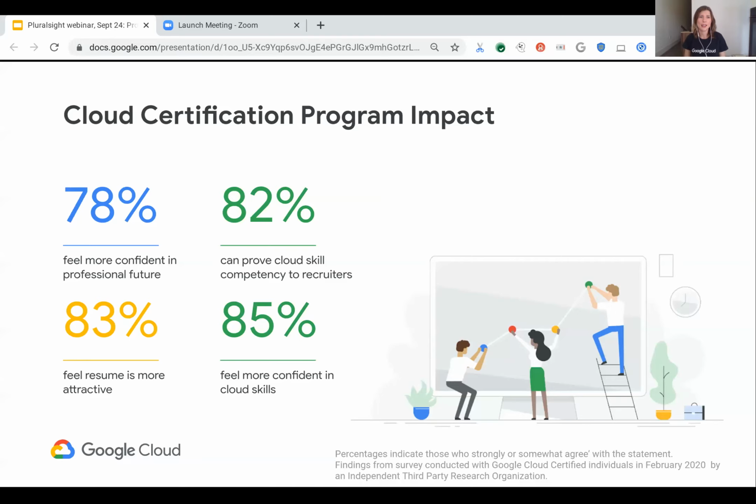We can see how 78% of respondents feel more confident in professional future. 82% of respondents can prove cloud skill competency to recruiters. 83% feel that their resume is more attractive. And then finally, 85% feel more confident in cloud skills. So that's really the value that our certified community perceives out of achieving a certification.